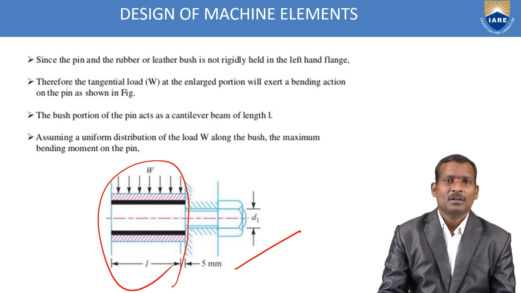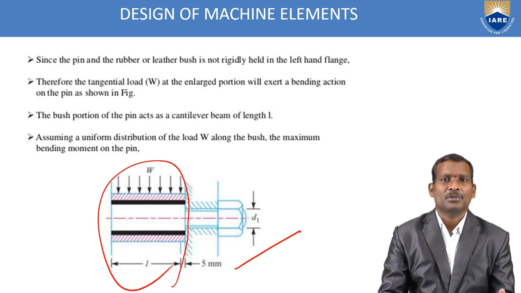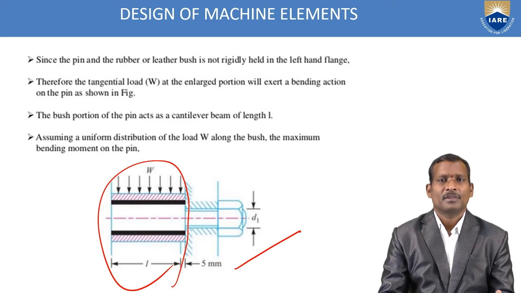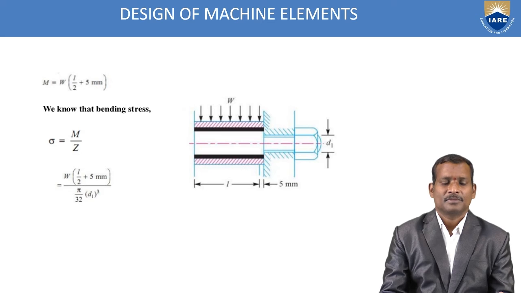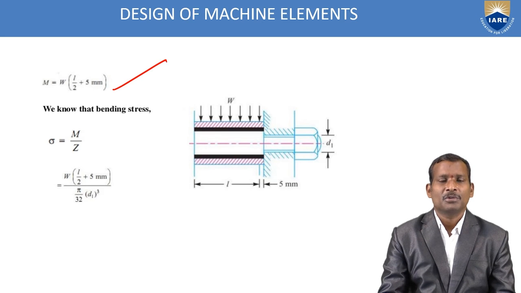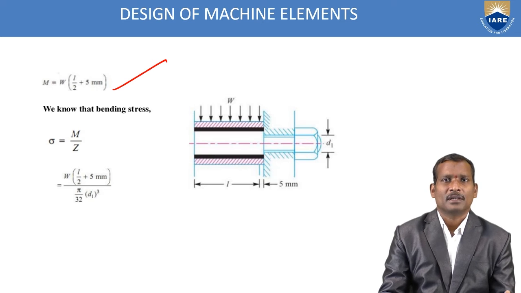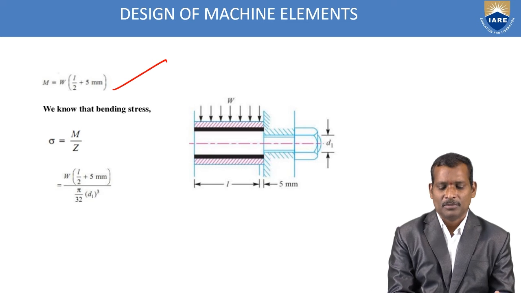We also assume uniform distribution of the load along the bush. So find the maximum bending moment of the pin. Calculate the bending moment of the pin: W multiplied with the distance, L by 2 plus 5 mm.